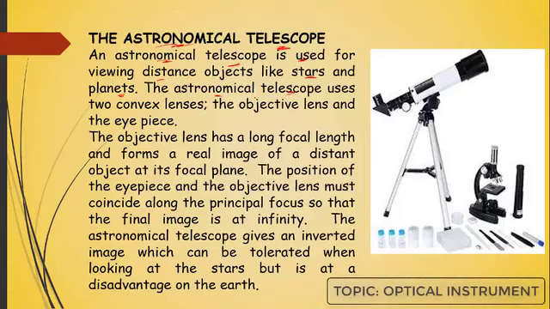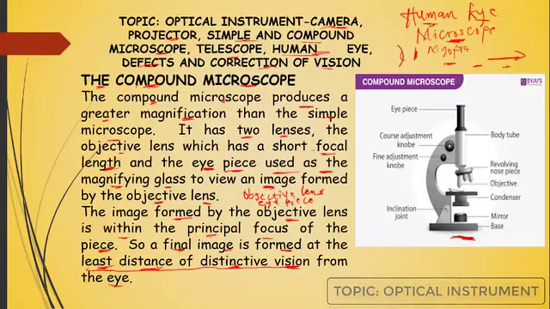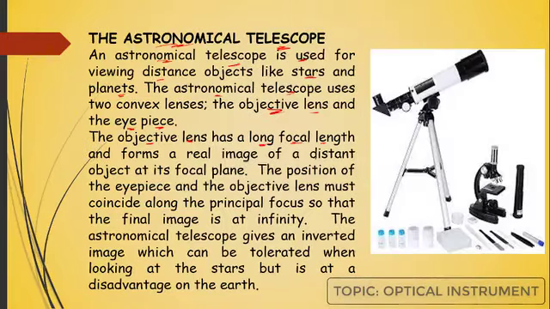principle of operation. Just like the compound microscope, the astronomical telescope has two lenses as well, the objective lens and the eyepiece. But the only difference between an astronomical telescope and the compound microscope is that in an astronomical telescope, the objective lens has a long focal length, whereas for a compound microscope, we said that the objective lens has a short focal length because it is used for viewing objects that are very, very close to it.